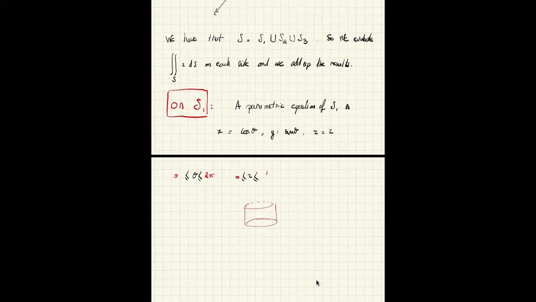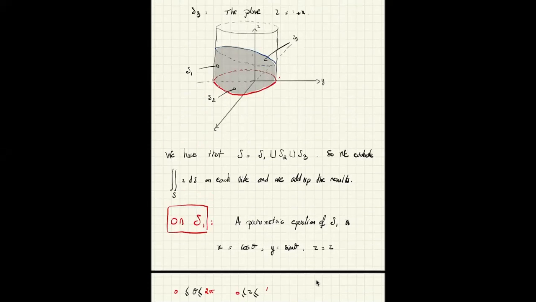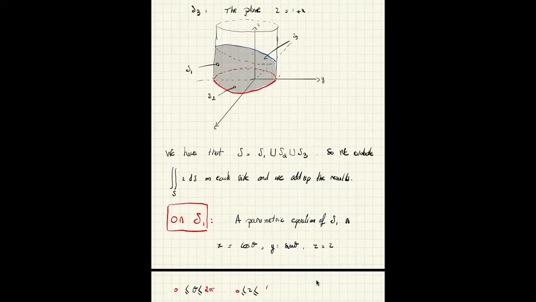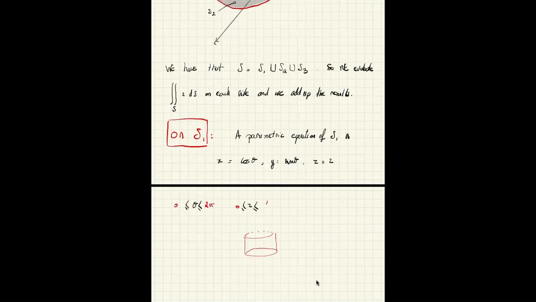We are integrating over dS again. I am not sure I understand what you say. We are not integrating here. We're just trying to find the parametric equation of the surface.